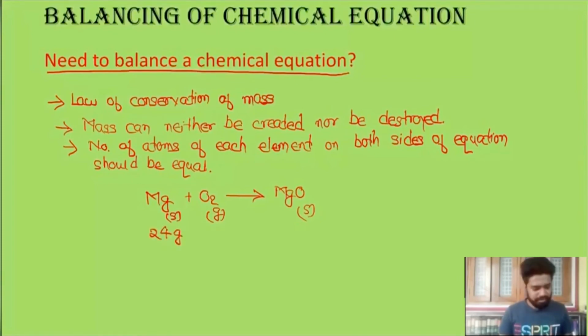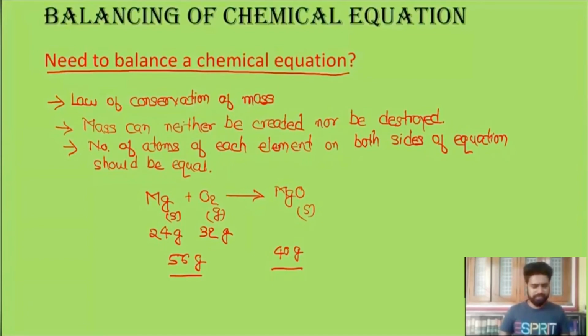Two oxygen atoms are there, so it is 32 grams, which makes a total of 56 grams. And the product is MgO, the mass of which is 40 grams. So you can see that the mass of the reactants is 56 grams and the mass of the product is 40 grams, which is not balanced. So this equation does not follow the law of mass conservation.